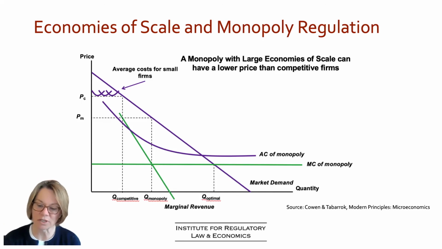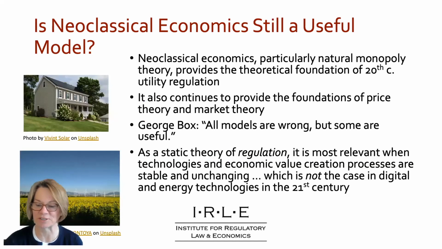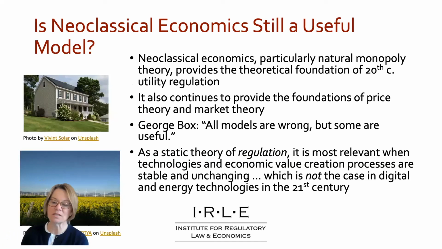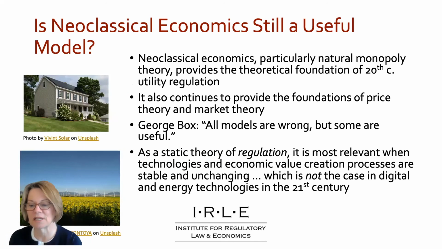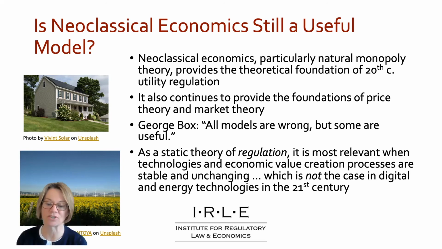So this is really the underlying theoretical guts of natural monopoly regulation. This is still a useful model. I think it has been the theoretical foundation of 20th century utility regulation, and it also continues to be the foundation of price theory and market theory, and is the theoretical foundation for how we understand markets.